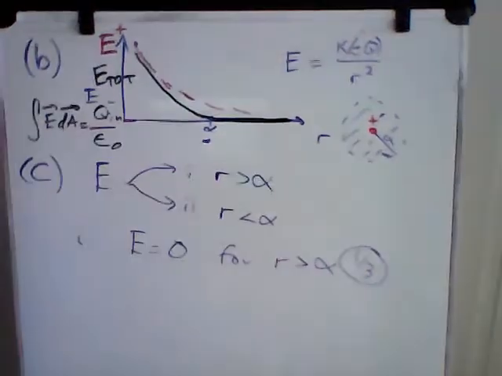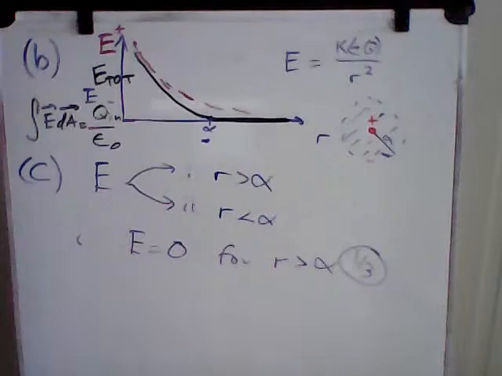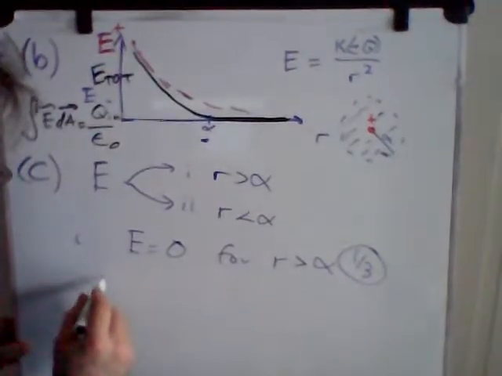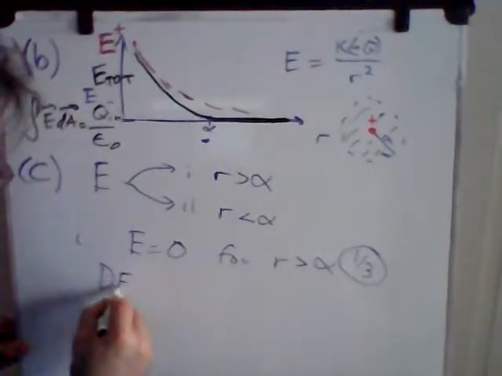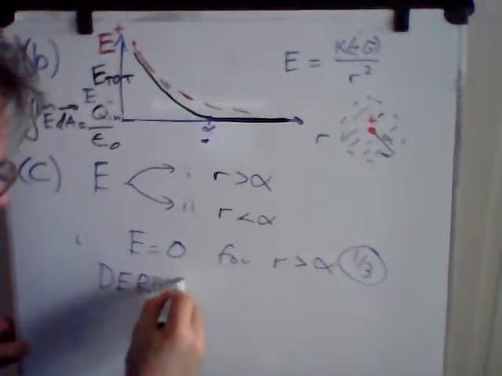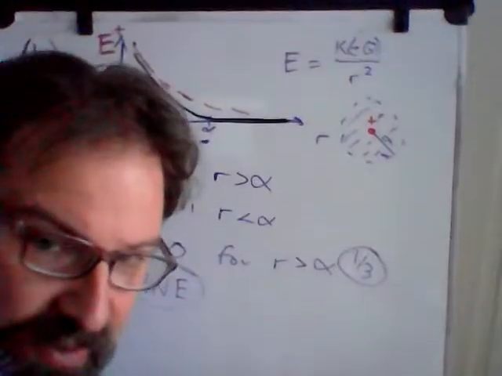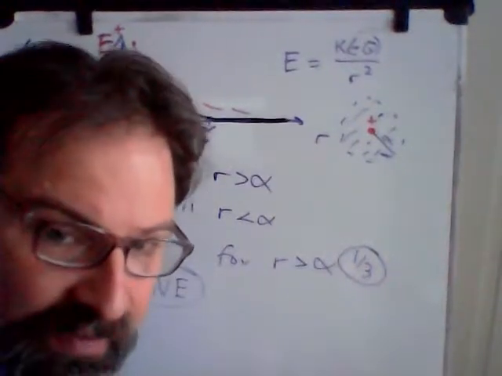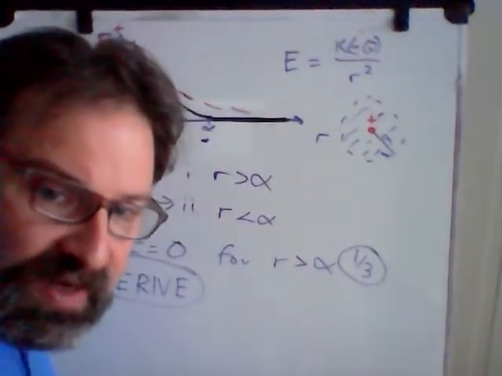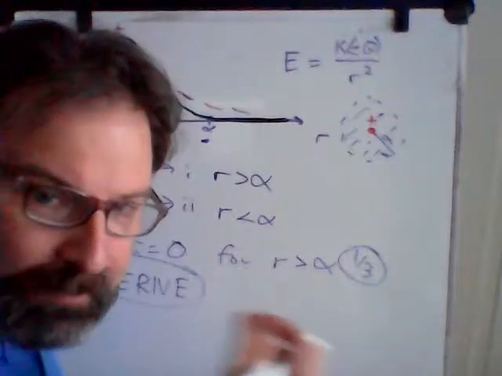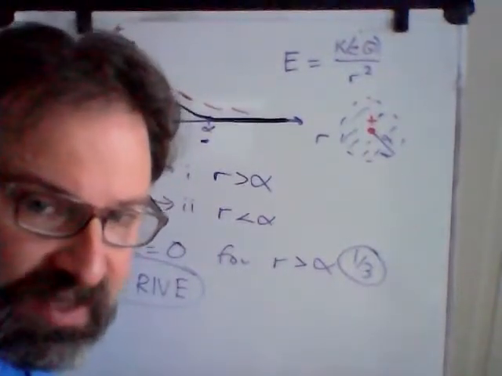Ow. The reason that's a problem is because of the word derive. By derive, we do not mean take a derivative. We mean start with an equation and then manipulate that equation to come to a result.